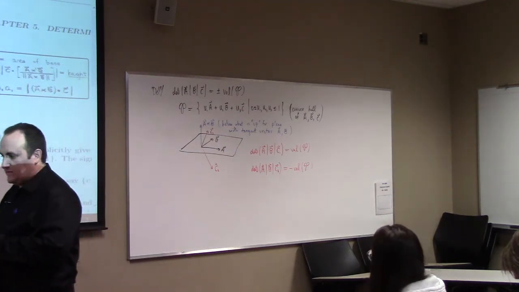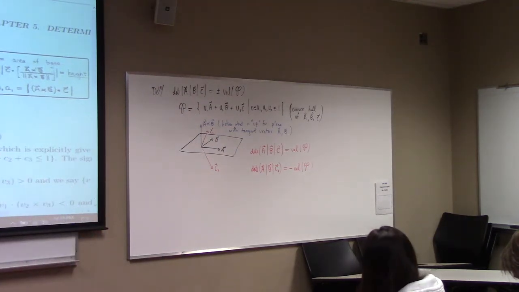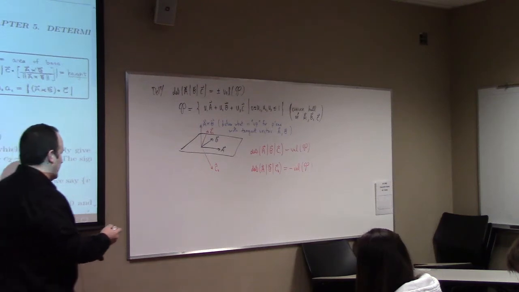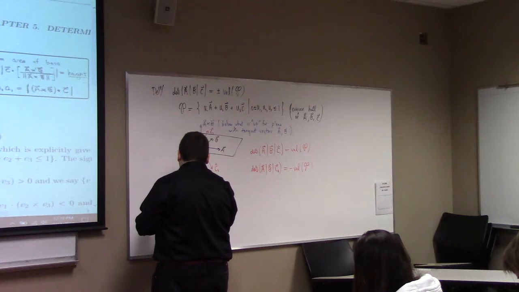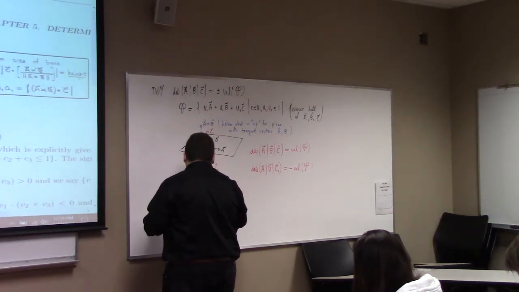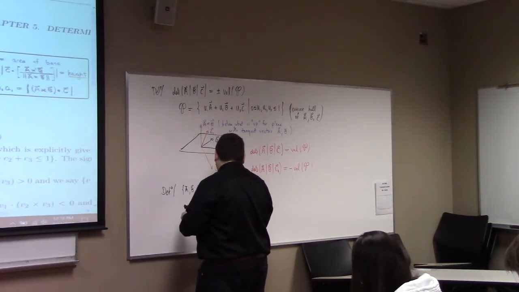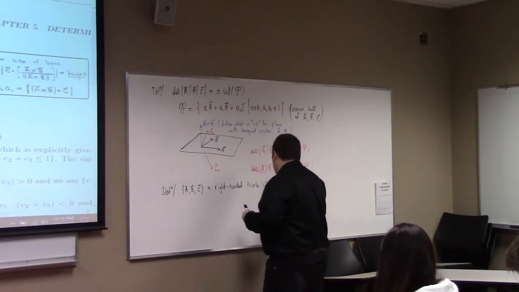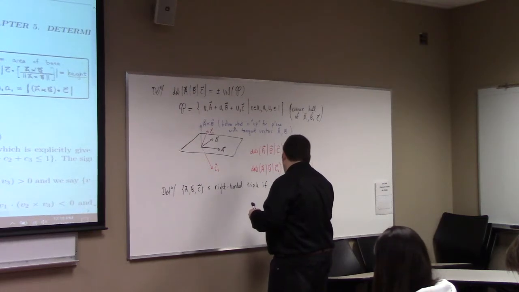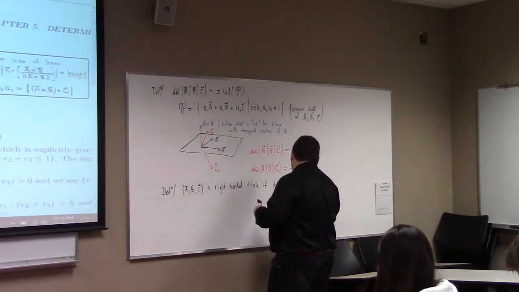Another way of saying this is you can define a set of three vectors to be a right-handed triple if the determinant of A, B, C is positive. Definition: A, B, C is a right-handed triple if the determinant of A, B, C is greater than 0.